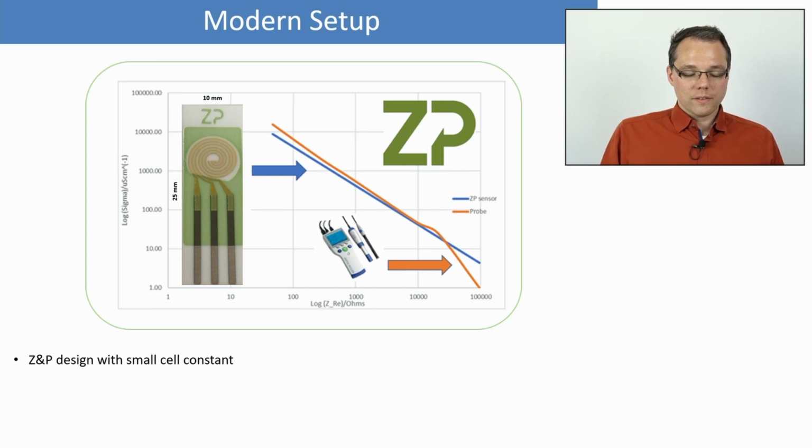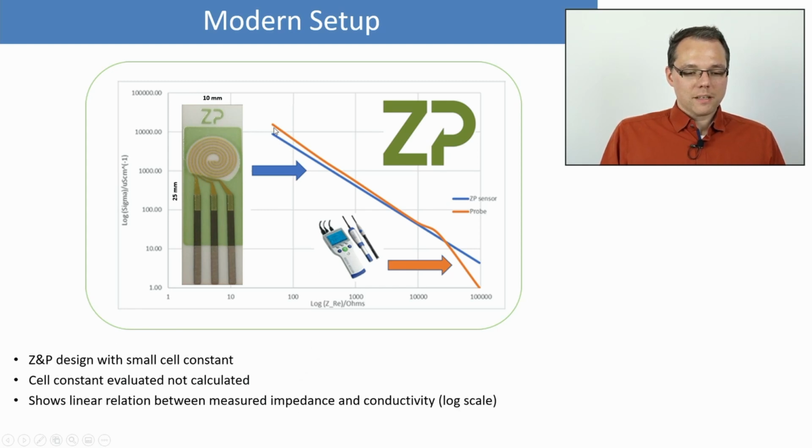With that small cell constant you get a better, longer linear correlation between the signal and the resistance of the solution.